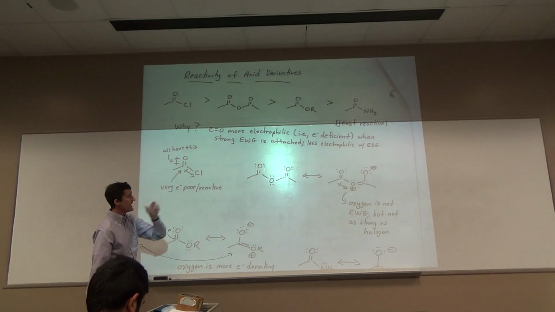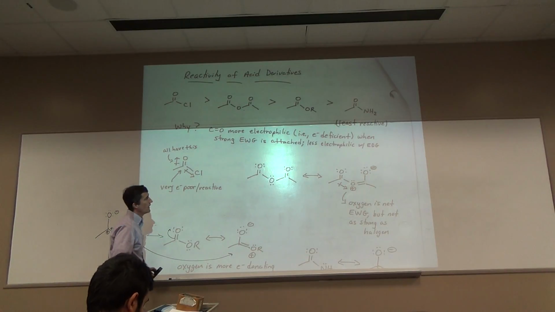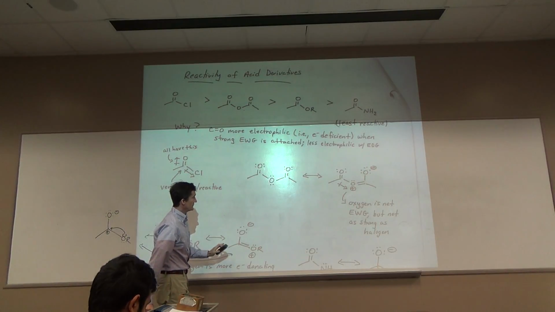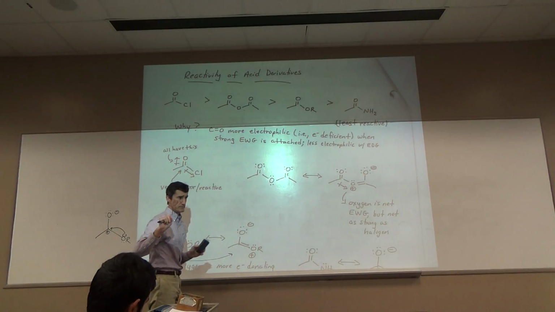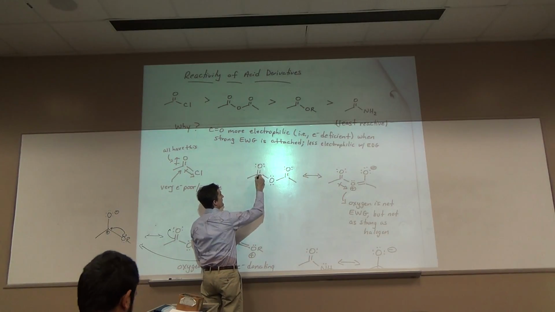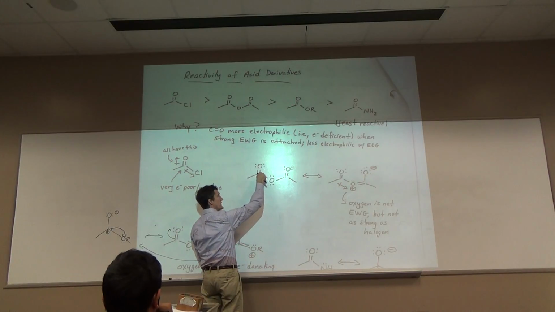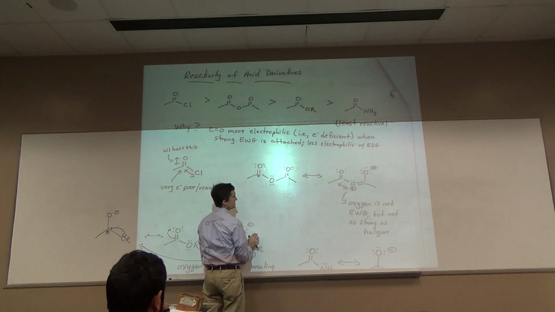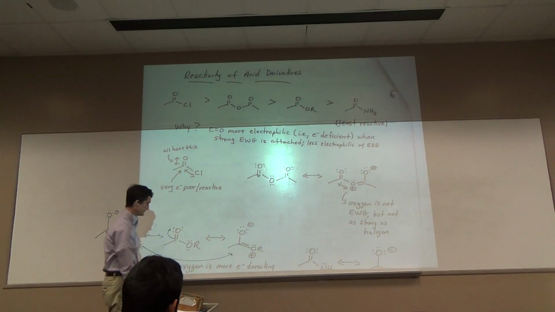Now, let's go back to the anhydride, which is between the two. Anhydrides are more reactive than esters. First off, even though it has two carbonyls, you only consider one of them. We can envision some partial plus here. We know that oxygen can donate, but which oxygen is going to donate more, that one or the ester's?